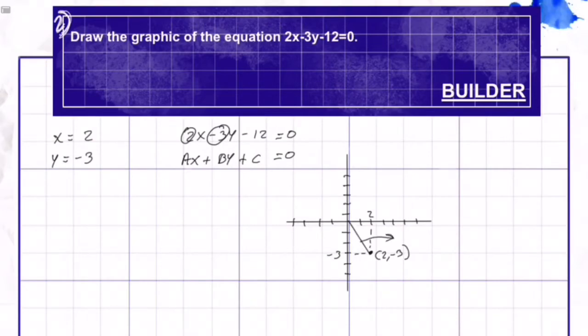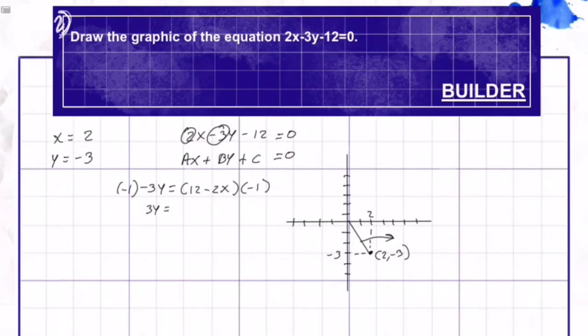So we're gonna do an additional step. We're gonna find the equation of the line too. So we have -3y. If we rearrange to solve for y, for the standard form of the equation of the line, we have 12 minus 2x. We have to multiply by -1, so we can eliminate the -3y.